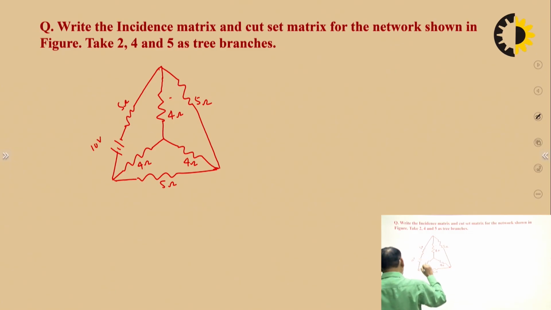The direction is also given, so the network is oriented, and branch numbering is given.